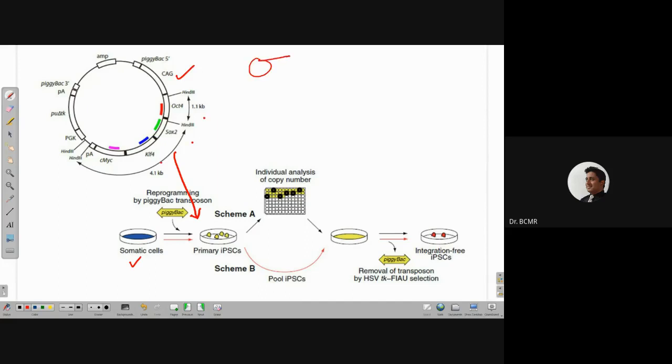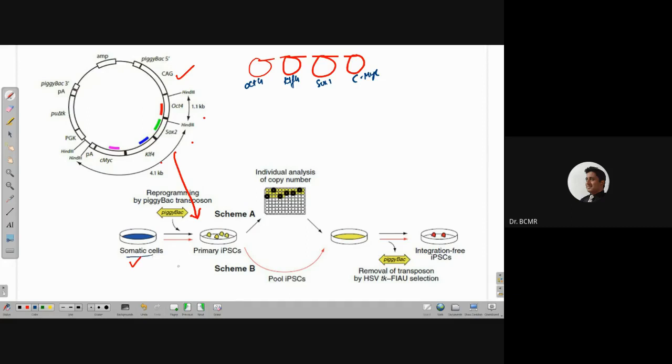They will actually be produced something like this, and then because they have added the self-cleaving peptide, they would be cleaved off in these places, and you would end up with the 4 different Yamanaka factors, that is OCT4, KLF4, SOX2, and CMYC.